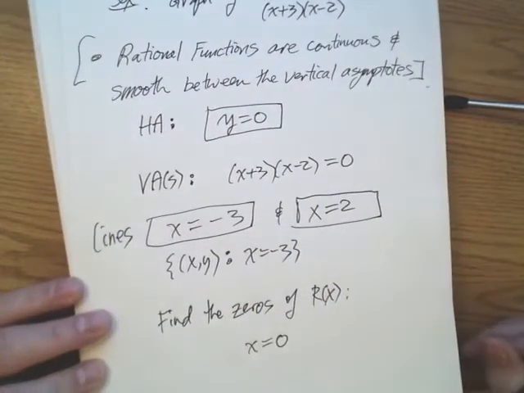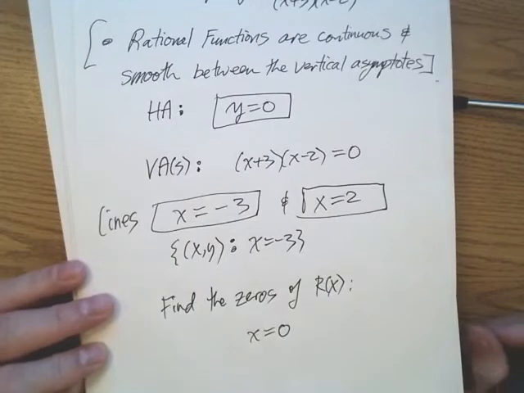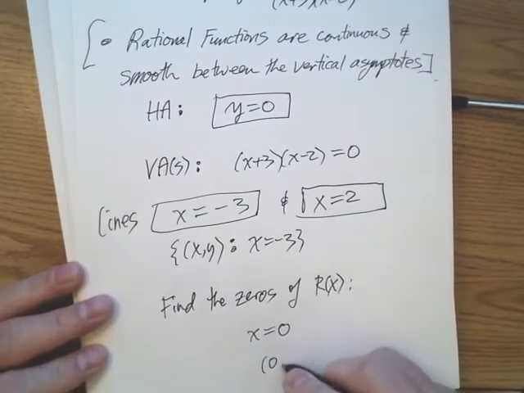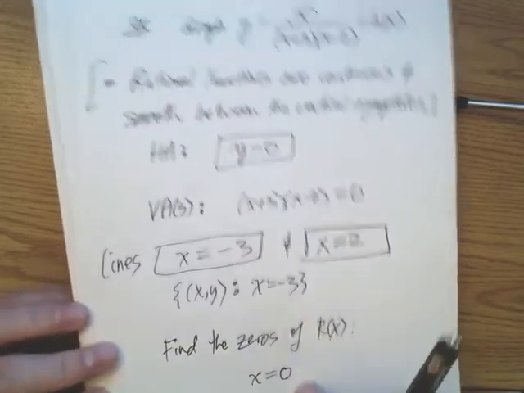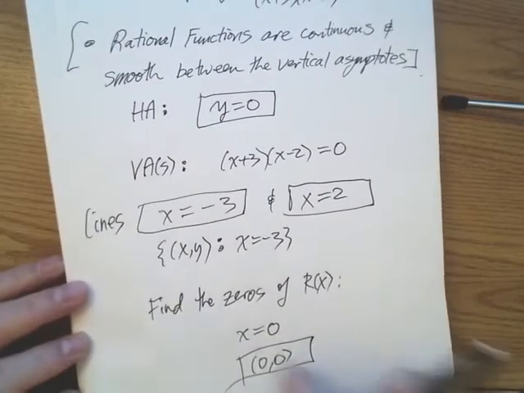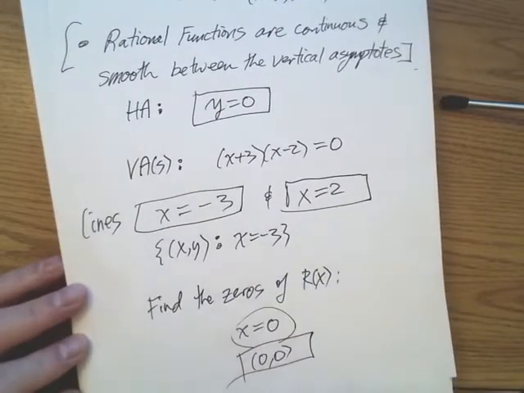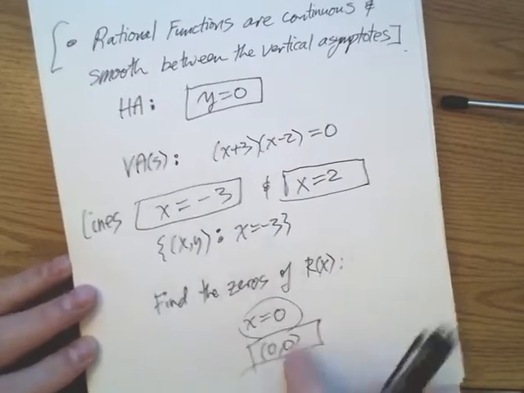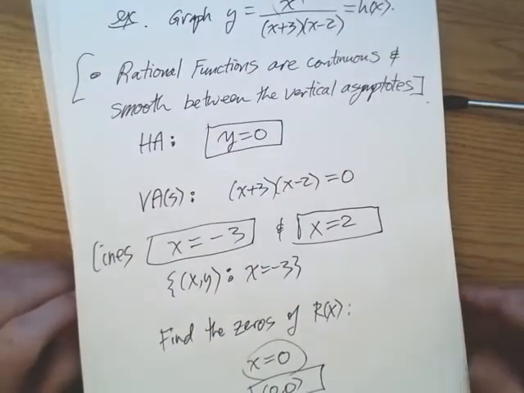Well, there's not really much to do, is there? It solves itself, x equals 0. So you see (0, 0). If I let x equal 0, y is going to be 0, right? So the zero of this is at 0, and this point (0, 0) would be on the graph of y equals h of x.